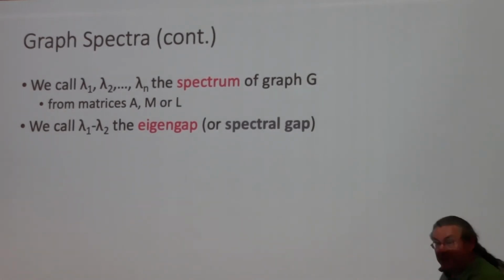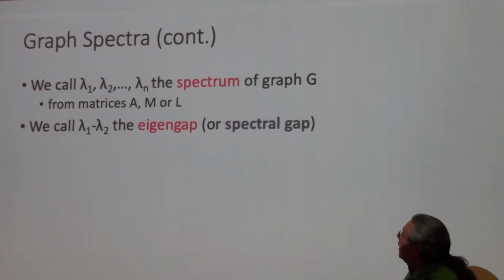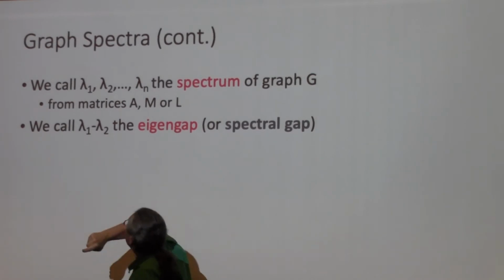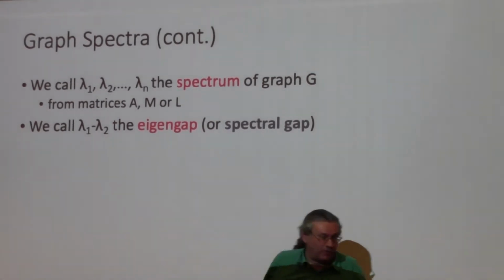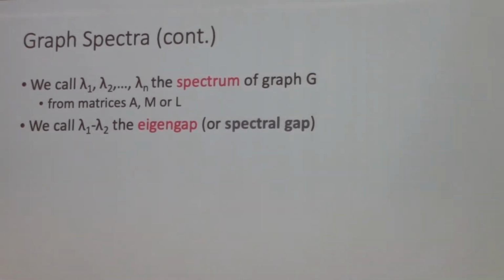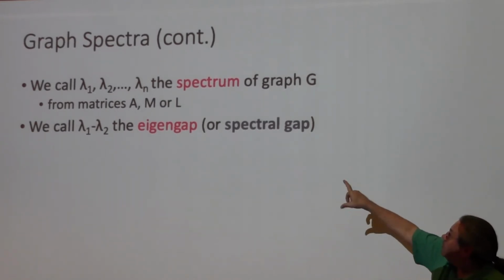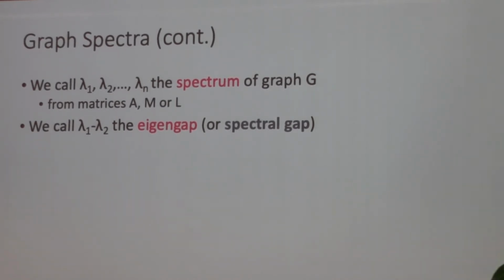You can actually study them. And if you look at the difference between the first two, the biggest ones, lambda 1 minus lambda 2 actually means something. It's called the eigen gap, or spectral gap.